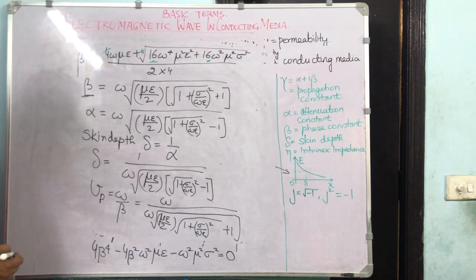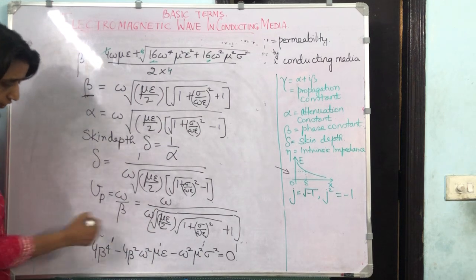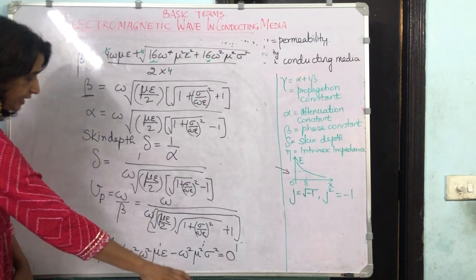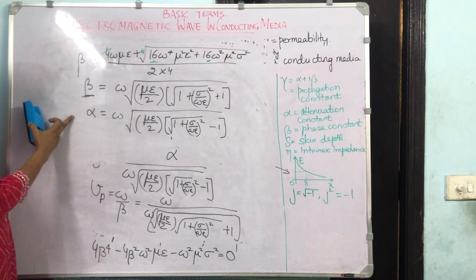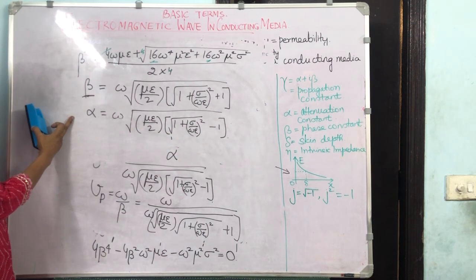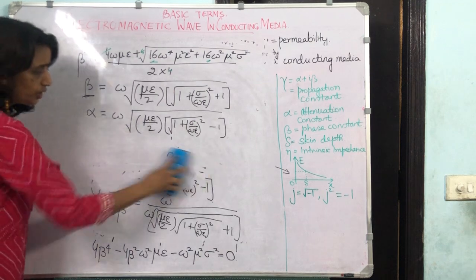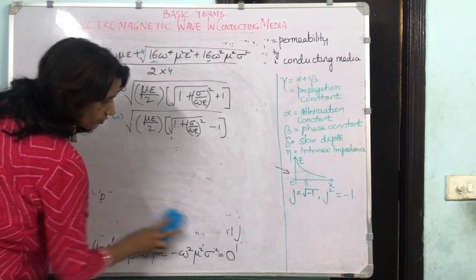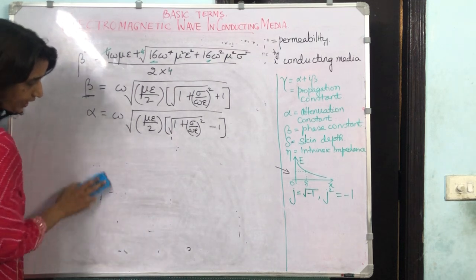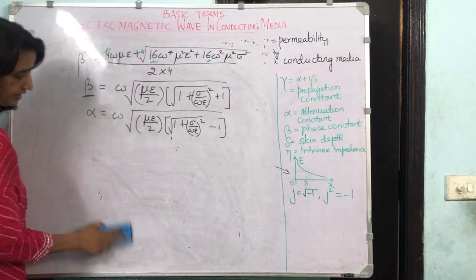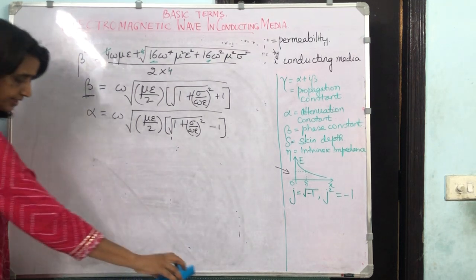This is what we are getting for phase velocity. Similarly, for the next terms, all the answers you will get from alpha and beta. You just need to remember the formulas and keep putting in the values. Once you have solved for alpha and beta, just keep putting the values and you will get the answer.